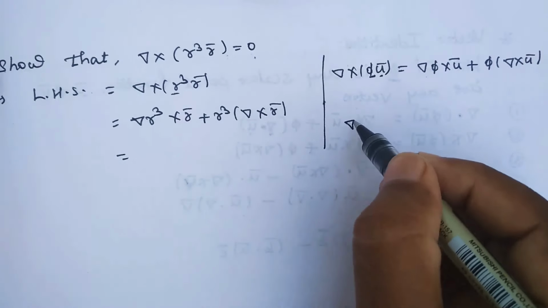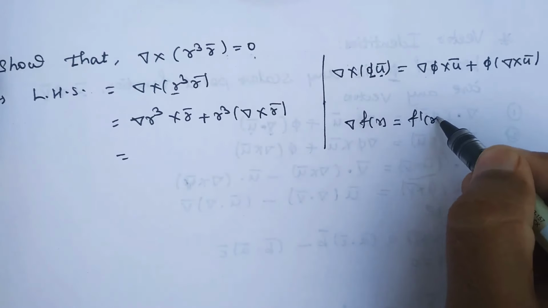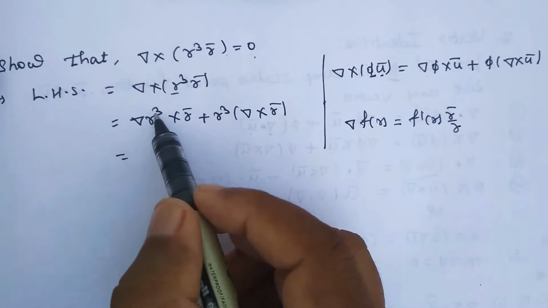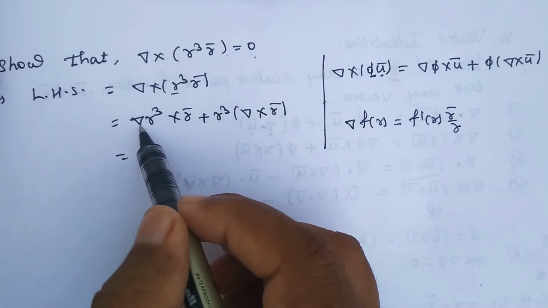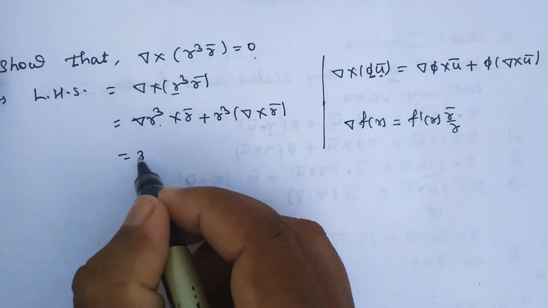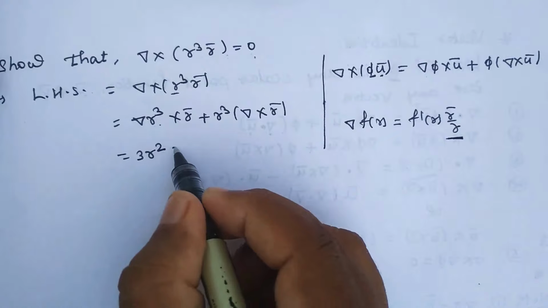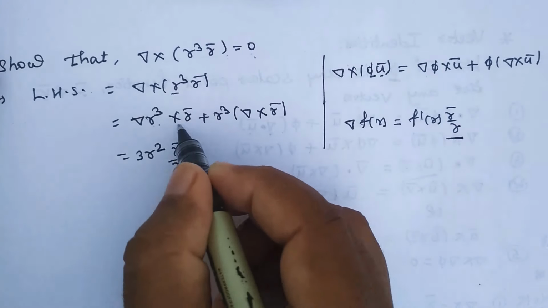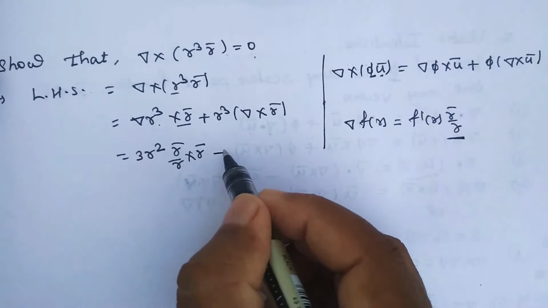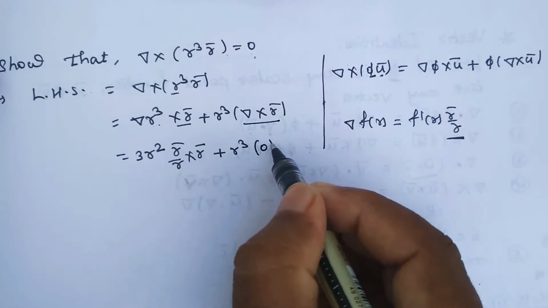Now del r cube. You already learned the formula of del of f of r: del of f of r is f dash of r into r bar upon r. Using this formula, r cube is a function of r, so del r cube is f dash of r, that means the derivative of r cube, 3r square, into r bar upon r, cross r bar, as it is, plus r cube into, we already learned that the value of del cross r bar is 0.